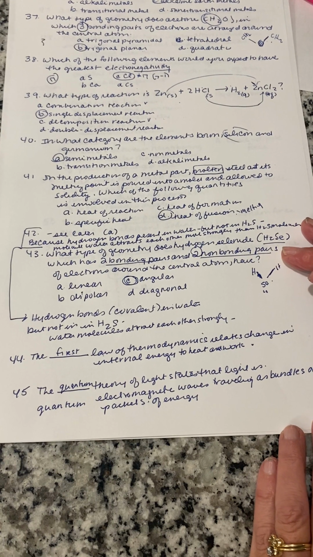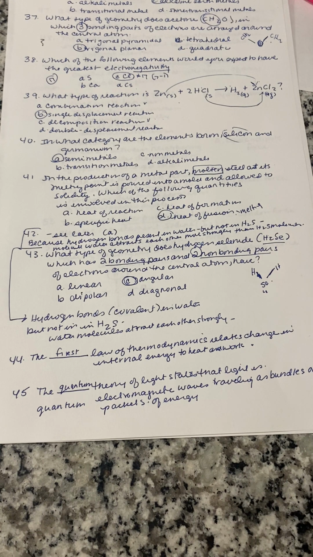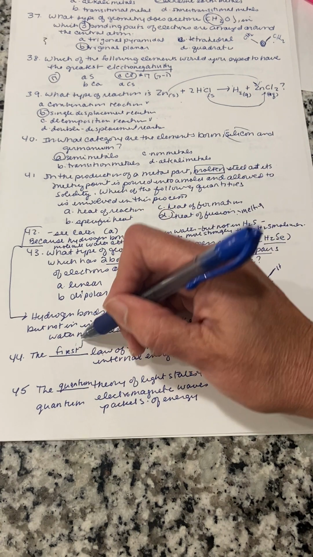Number 44. Which law of thermodynamics relates the change in internal energy to heat and work? Well, the second law of thermodynamics has to do with disorder. So the first law has to do with energy from heat and work first.